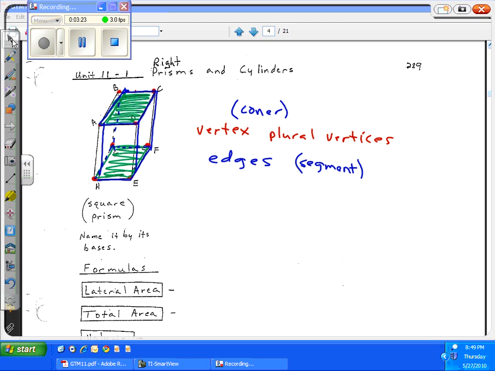So AB, BC, CD, AD, HE, EF. I don't see the point back there. GF. The blue segments that are touching the green are called base edges.